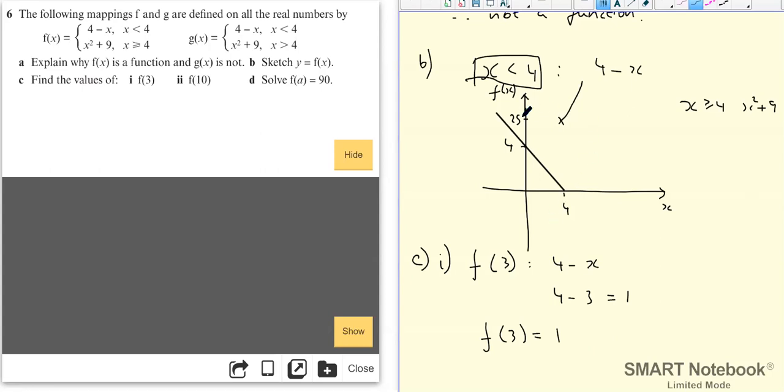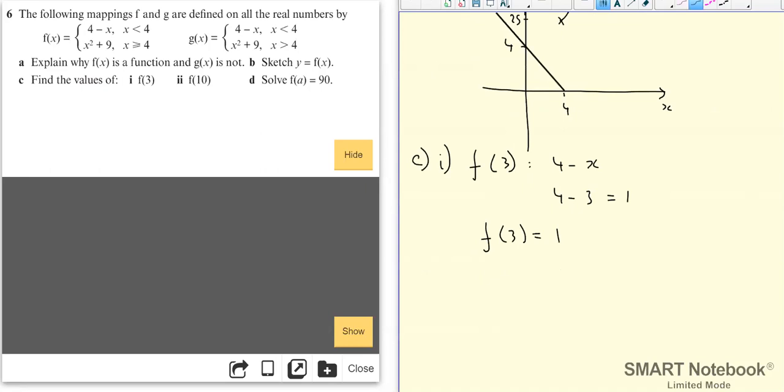So we aren't going to draw the whole graph for both lines. We're only going to sketch the part of the graph that matters. Is another takeaway I want you to take away from this. Now, f of 10. What equation am I going to use for f of 10?